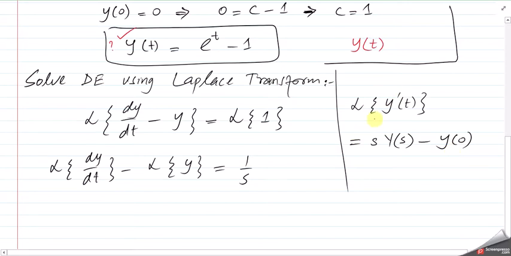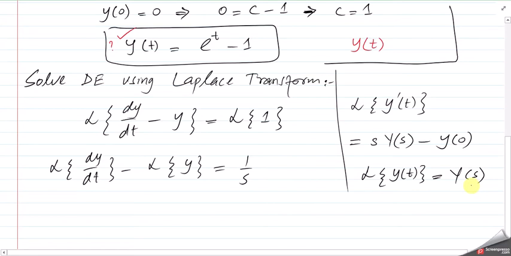That's the formula for Laplace of y prime of t, where Laplace of y of t is capital Y of s.